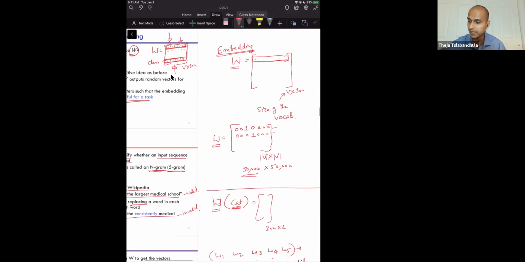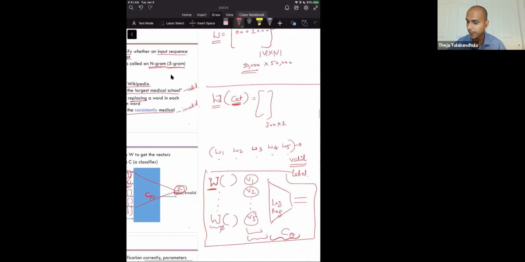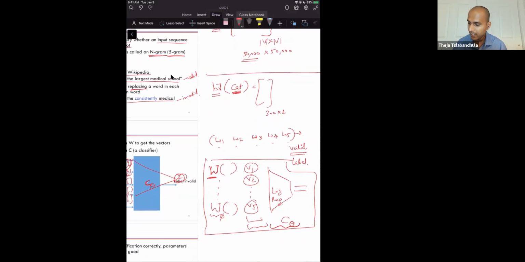All these entries are essentially parameters that we want to learn, the word embeddings. Let me call these parameters phi, and the parameters of the classifier theta. I'll try to learn phi and theta by minimizing a loss, like binary cross entropy loss, or what we discussed as softmax loss. So this was the higher level idea.